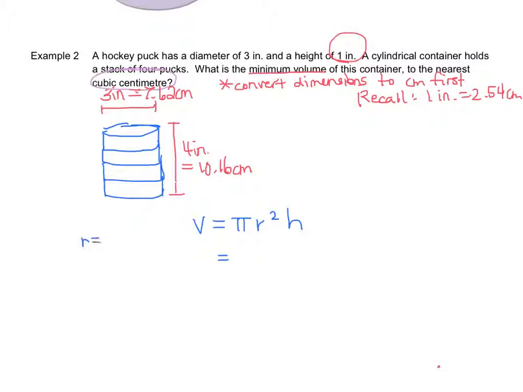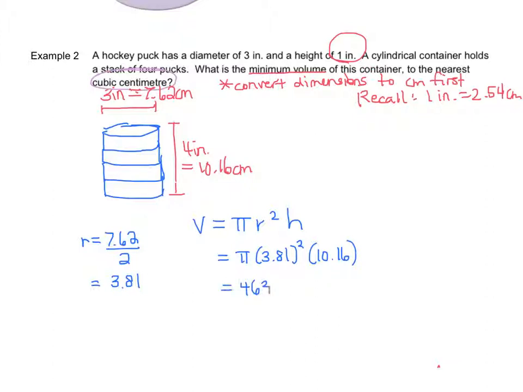We have to find the radius, which would be half of the diameter, which would be 3.81. And then we put that into our formula, which is approximately 463 centimeters cubed. And that concludes this lesson.